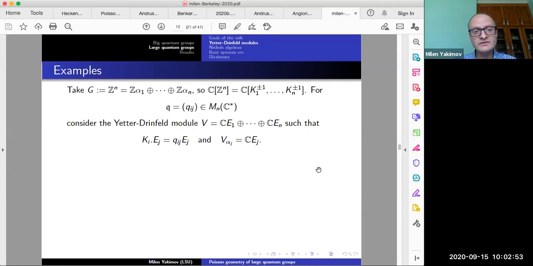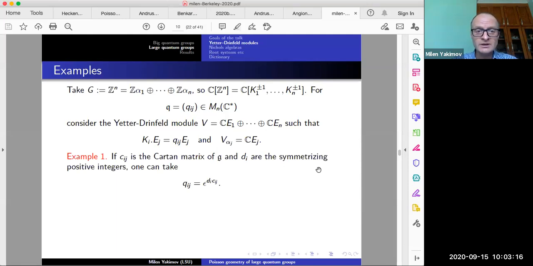So this is the simplest example of a Yetter-Drinfeld module of diagonal type. And it's not a difficult thing to prove that all Yetter-Drinfeld modules of diagonal type, in a sense, are obtained from this one by making the group G slightly bigger.